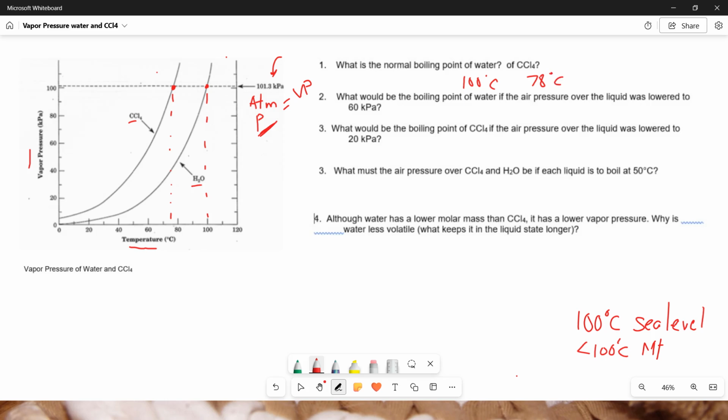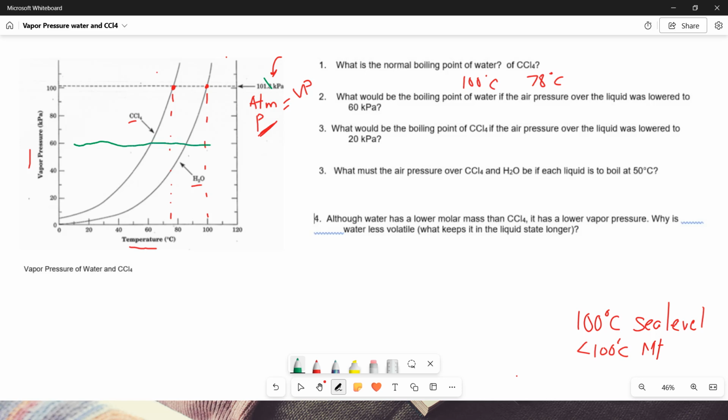What would be the boiling point of water if the air pressure over the liquid was lowered to 60 kilopascals? So let's not worry about it being standard pressure. Let's go to 60. I'm just going to draw a line there. I know it's not very straight. There's our new pressure.